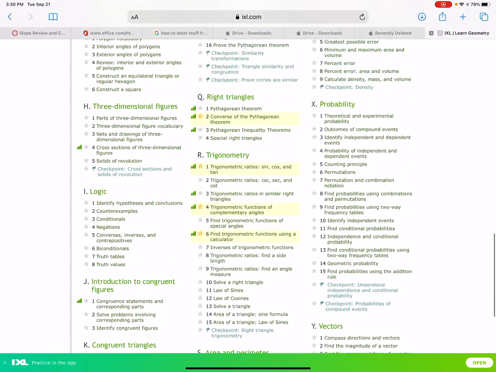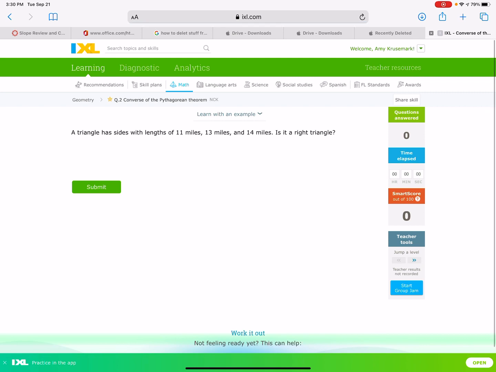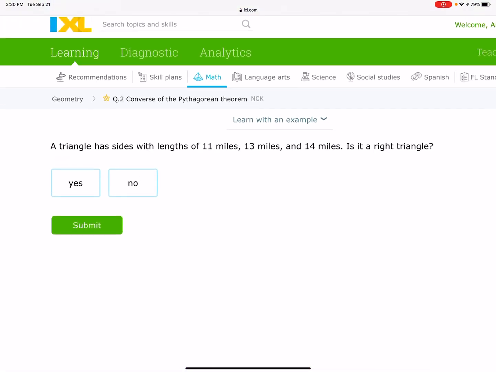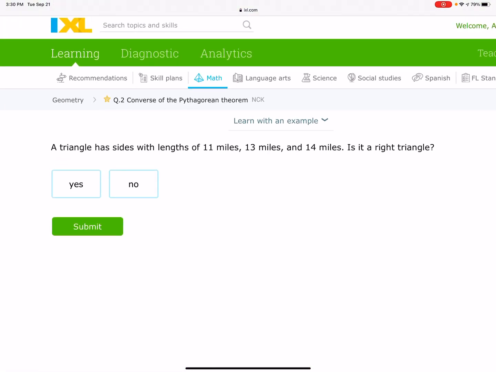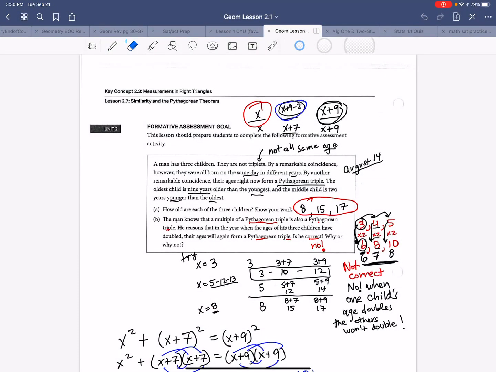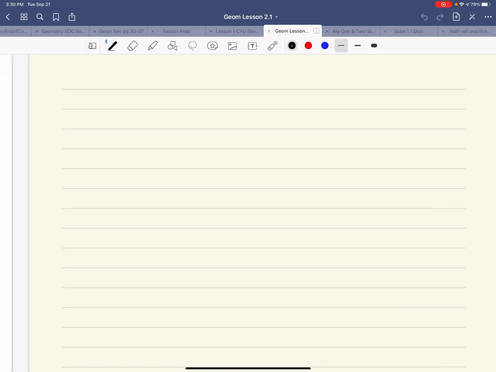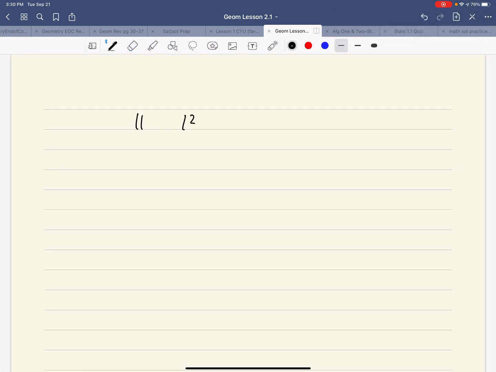So I've looked at those two. Now let's look at, it looks like we just have this clump right here. So let's look at this assignment. Is this a triangle? So I want to do 11, 13, and 14. So is 11 squared plus 13 squared equal to 14 squared?